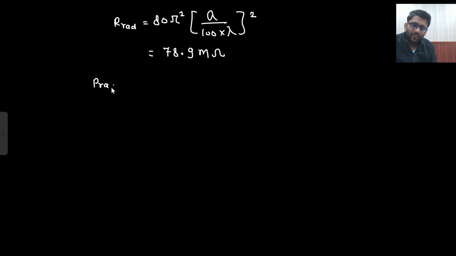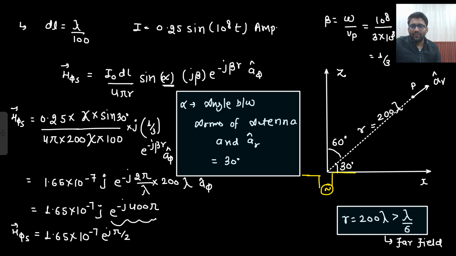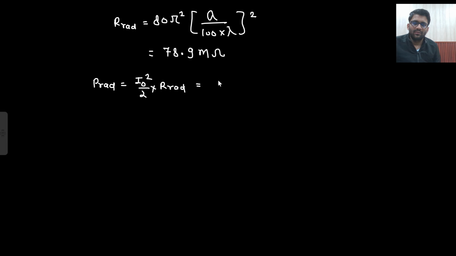And now if I need to find P radiated, that would be I naught square by 2 into R radiated. And what is your I naught? 0.25. It was 0.25 only, no? Yes. So 0.25 whole square divided by 2 into 78.9 milli.